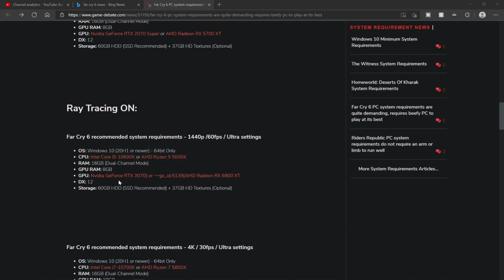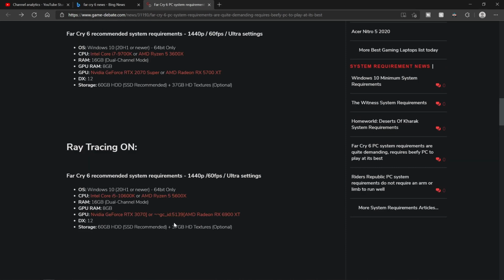We moved up to an RTX 3070 along with an AMD Radeon RX 6900 XT. If you know your GPUs, you might notice they're pairing a very powerful AMD GPU with a still very powerful but not top of the line NVIDIA GPU, and that is because remember, ray tracing is on right now, and ray tracing is NVIDIA's thing.